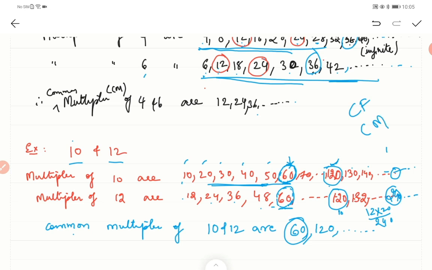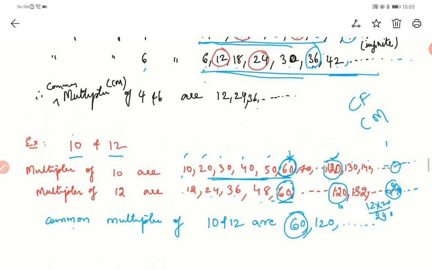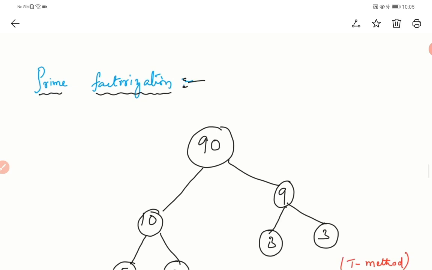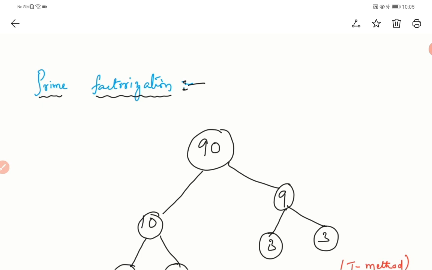Okay, now the main important topic of your unit is prime factorization. Prime factorization means you are finding the prime factors of any given number.